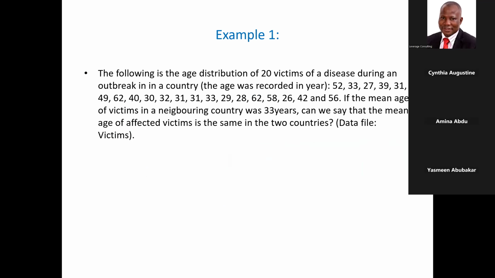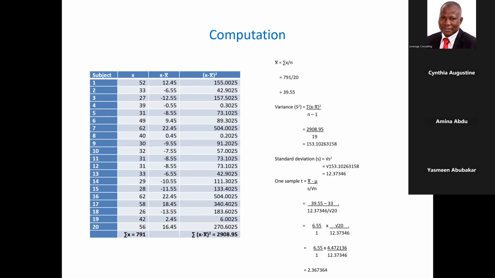Everything is straightforward. They say, if the mean age of victims in a neighboring country was 33 years, can we say that the mean age is the same in the two countries? Here, nobody told you anything. It's you that will know, oh, this is one sample t-test. Any other question?